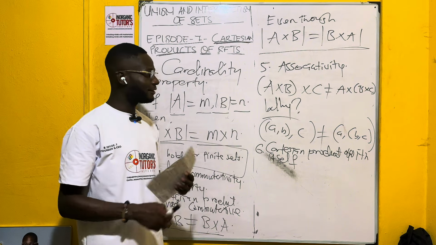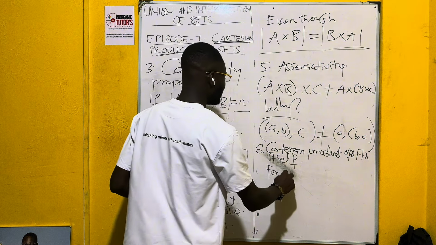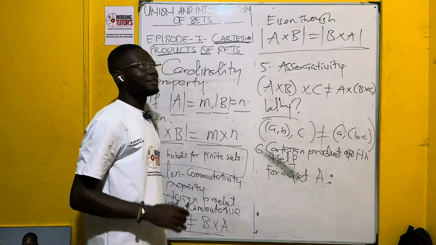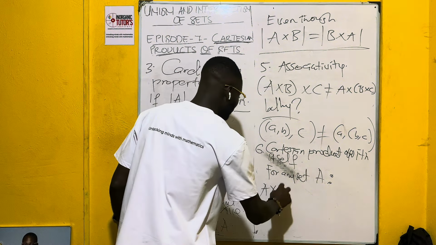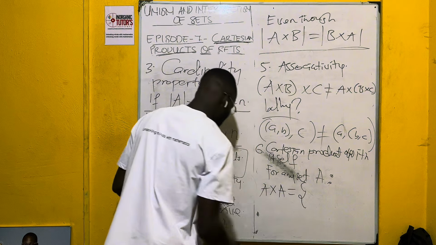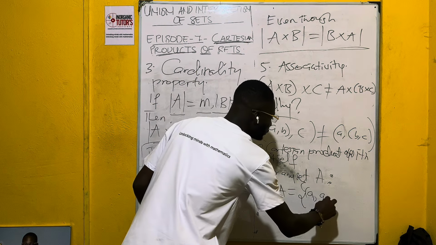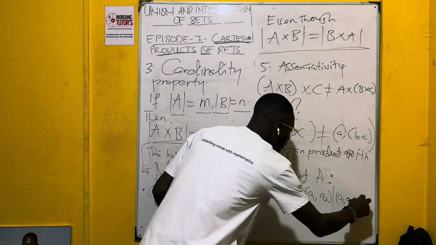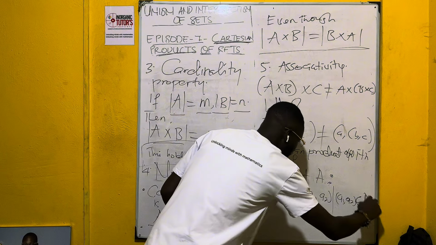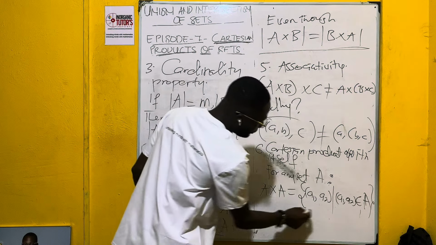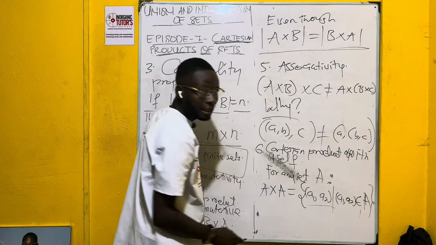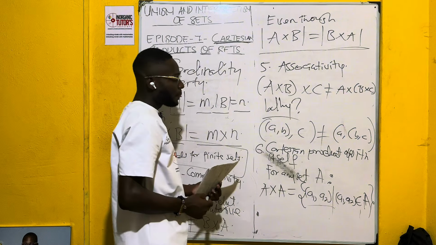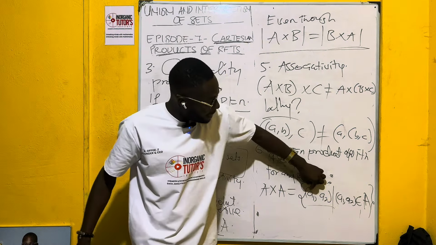For any set A, we can say that A cross A is equal to (A1, A2) such that (A1, A2) belongs to A. We placed a claim, and we are saying that (A1, A2) such that (A1, A2) belongs to what? A.